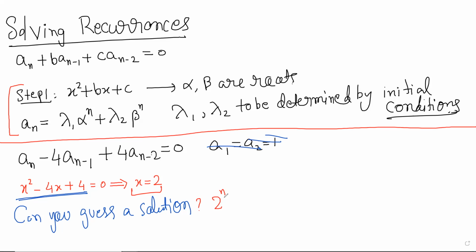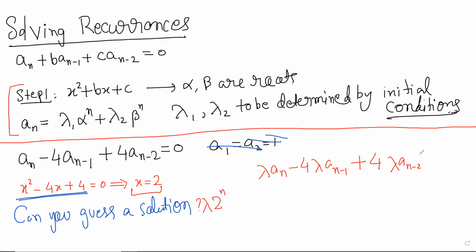If 2 to the power n is a solution, that means any lambda times 2 to the power n will also be a solution. If an satisfies this equation, then lambda times an will also obviously satisfy this. So you can just cancel the lambda.